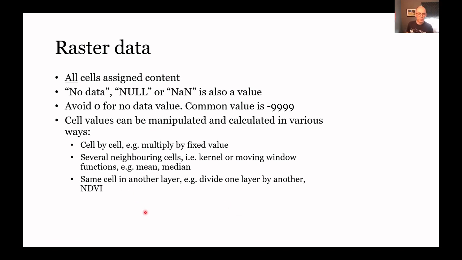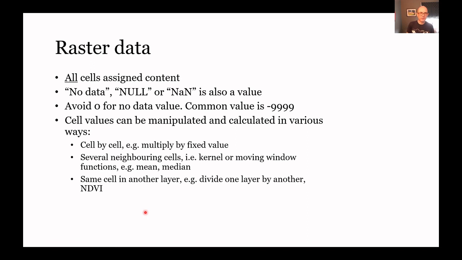If we look at this last row here where we multiply, we take 2 layers and use the information from 2 layers together. So for NDVI, Normalized Difference Vegetation Index, we look at the value in the red layer and the value in the infrared layer for a particular cell or pixel.